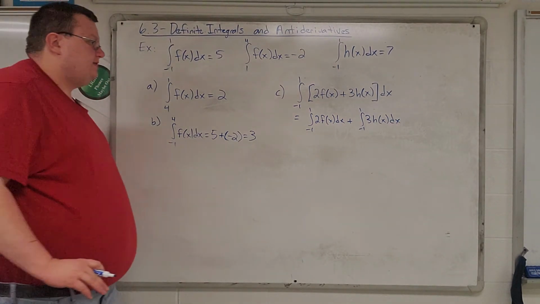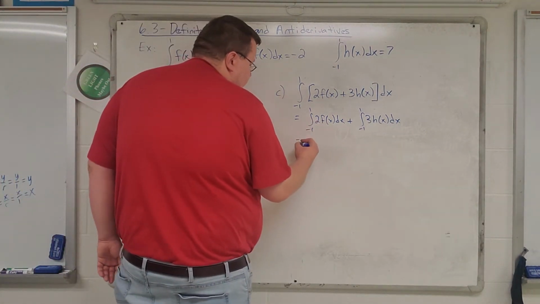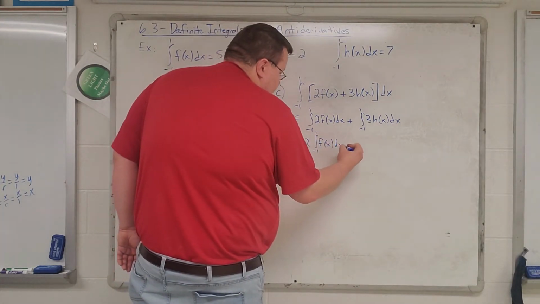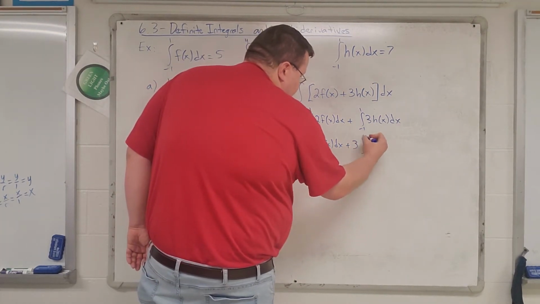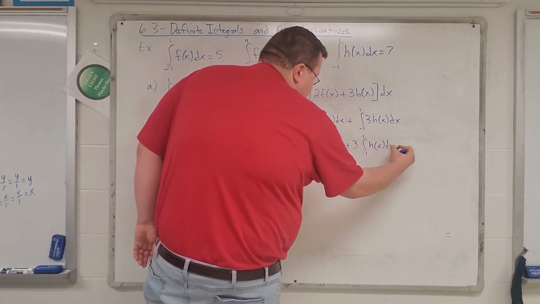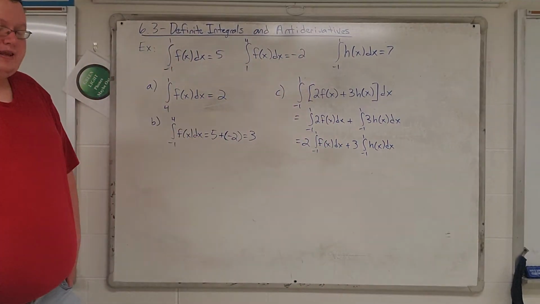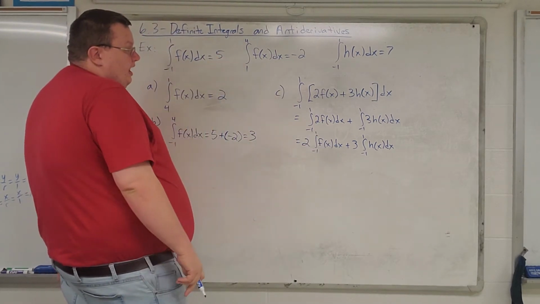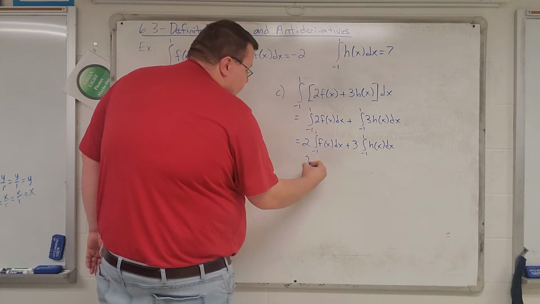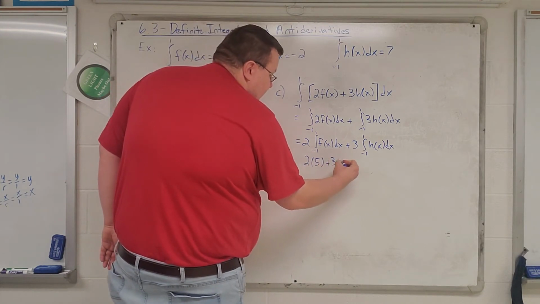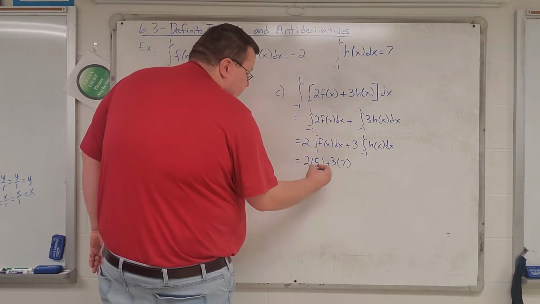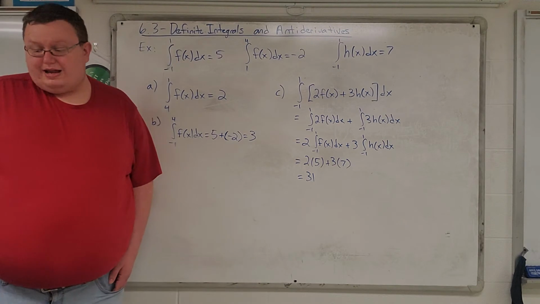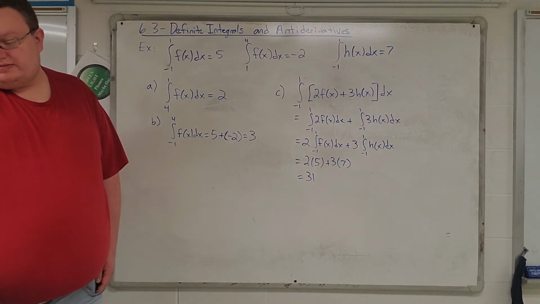It's using a sum and difference, plus these are constant multiples so they can come out in front. So that's 2 times the integral from -1 to +1 of f of x dx plus 3 times the integral from -1 to +1 of h of x dx, constant multiple rule. And then I already know that this one is 5, and I know this one is 7, so that's 2 times 5 plus 3 times 7. So that's 10 plus 21, that's 31. That's my answer.